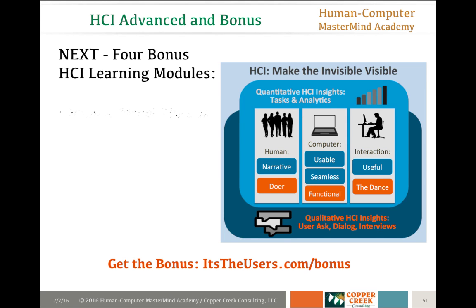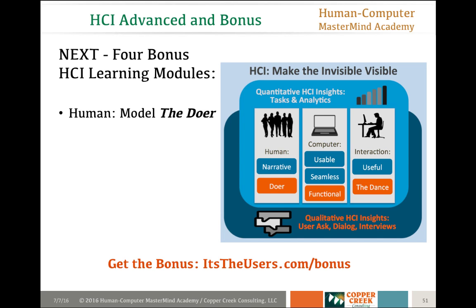Here's what we'll cover. First of all, in the human realm of HCI, the first principle is called the doer. This is a new modeling and analysis approach, and what it does is it distills that user narrative down to the specifics of when, where, how, and why these humans would ever interact with you. It's how the buyer buys, how the learner learns, how the shopper shops, and countless other more how the doer does what they do with your online programs and materials.